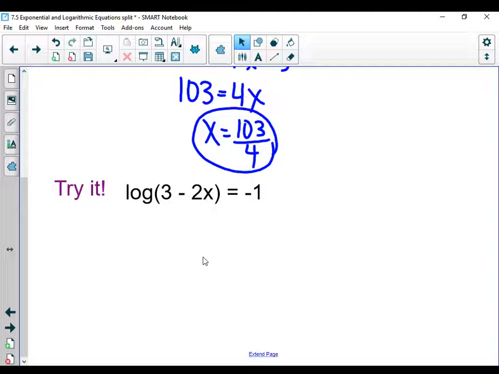Okay. My logarithm base, if nothing's there, is 10.